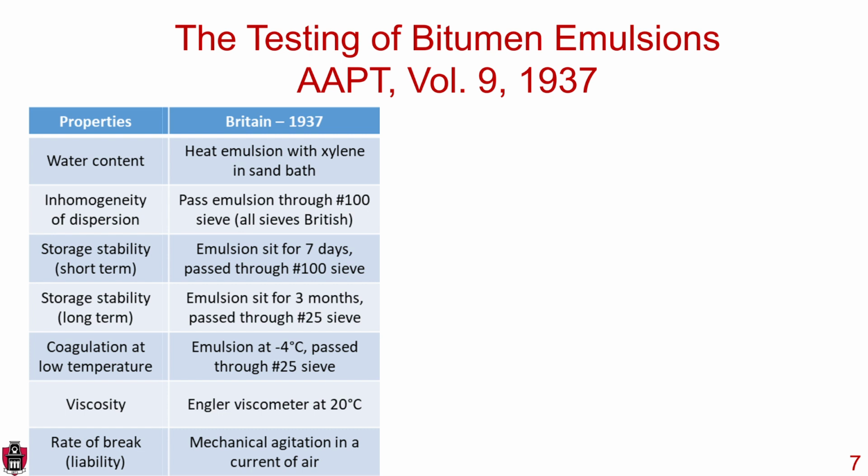So you can heat the emulsion with xylene in a sand bath. You can pass the emulsion through a number 100 sieve. You can let it sit for 7 days and pass it through a sieve. You can let it sit for 3 months and pass it through a sieve, and so on and so forth. But you can see all these different types of tests that were run in 1937.